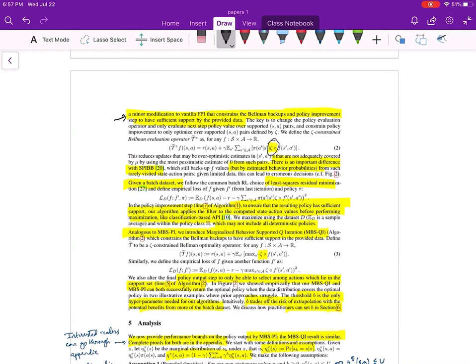So if you see BCQ or pair, even they are using similar constraints on their update steps in the Bellman operators, but they typically tend to assume that they know the dataset policy mu.